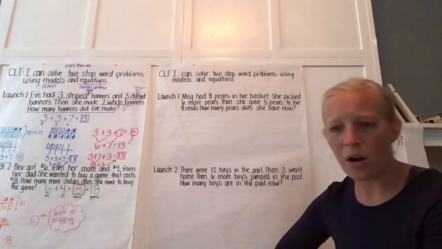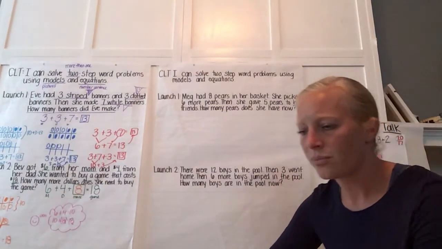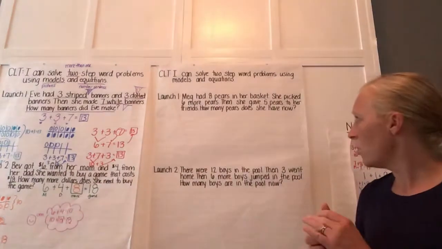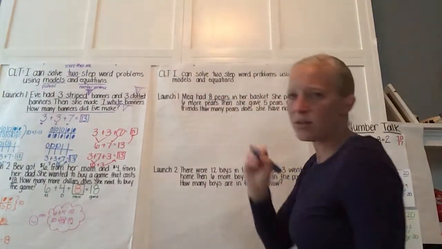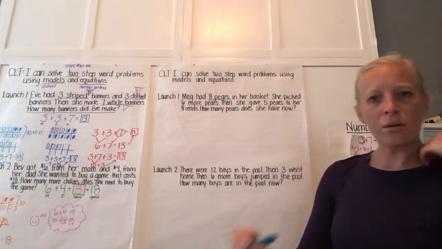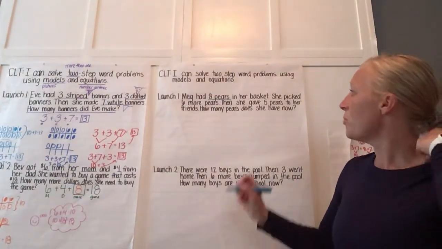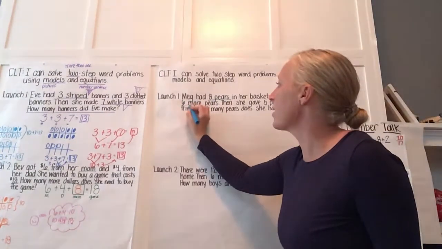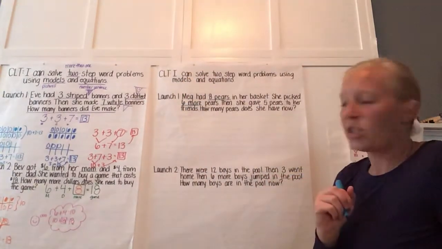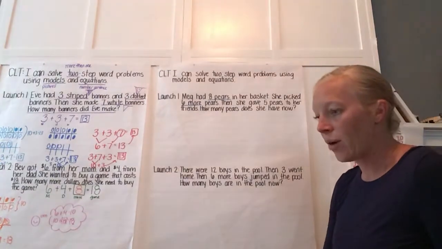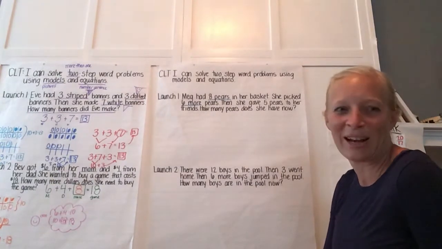What do we already know? She has 8 pears in her basket. Absolutely. What else do we already know? She picks 6 more. Absolutely. And what else do we already know? I know I have to keep asking us. What else do we already know?